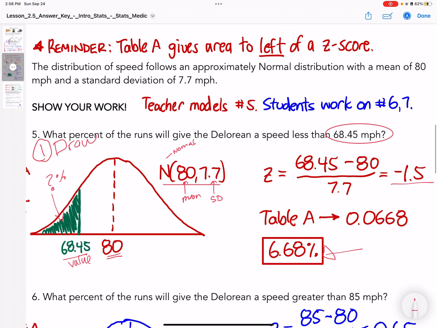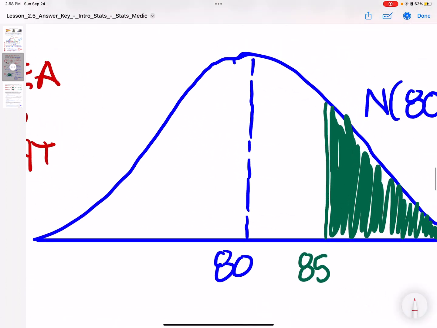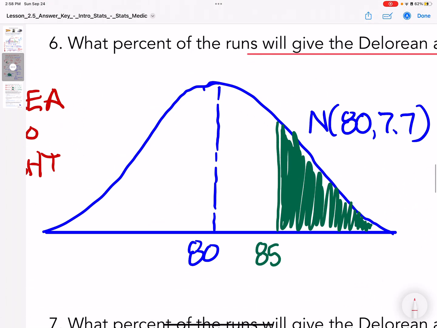Okay, the next one says what percent of the runs will give the DeLorean a speed greater than 85? So you're gonna start with step 1, and you're gonna draw the normal model, mean of 80, standard deviation of 7.7. Here's the mean, 85, and this is the area shaded, and that's the percentage I don't know, so I'm putting a question mark percentage.